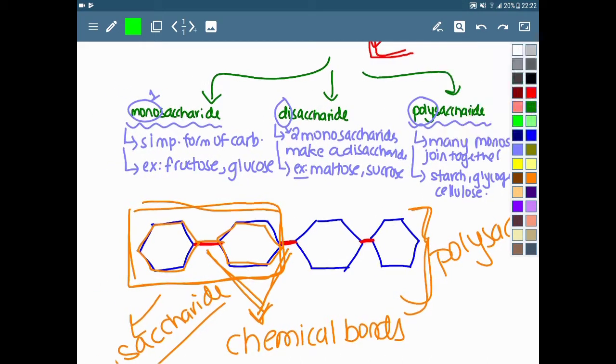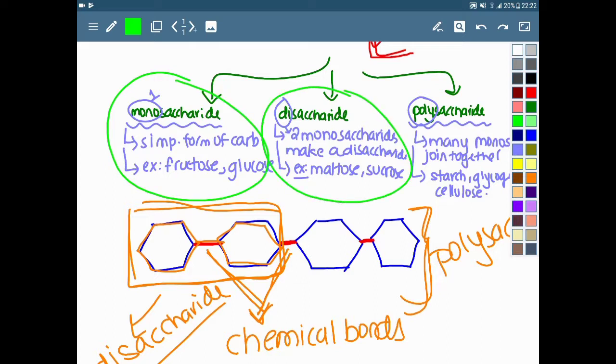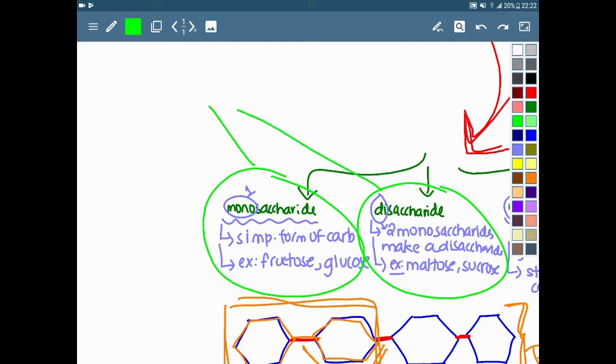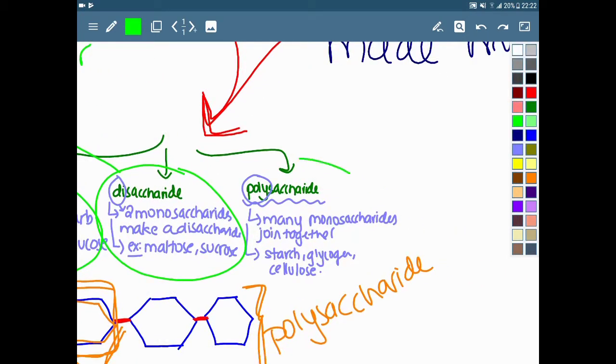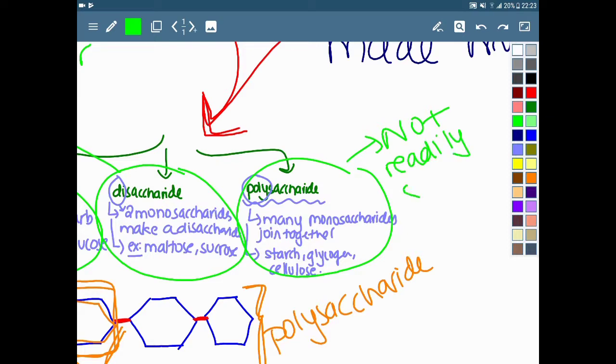Monosaccharides and disaccharides are readily soluble in water, while polysaccharides are not readily soluble in water. Okay?